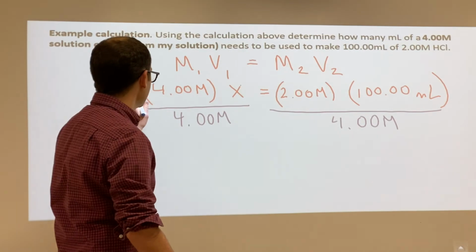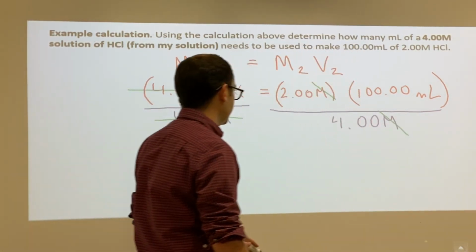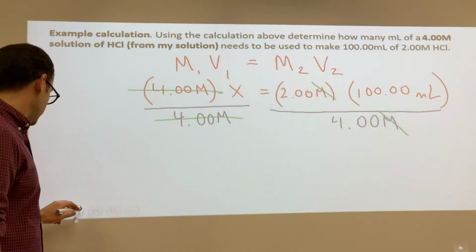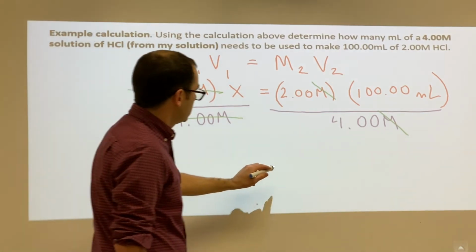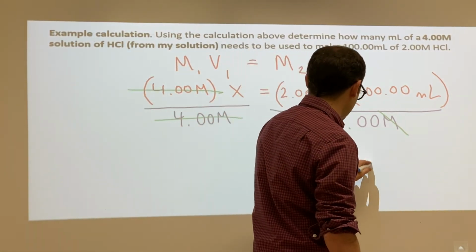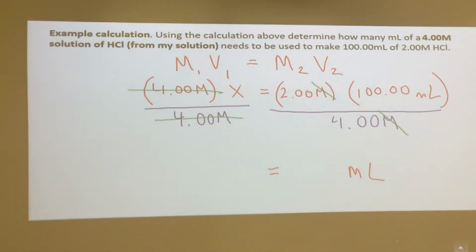Yeah, the 4's over here on the left, right? The molarities cancel out. What unit are we left with? Good, milliliters. We're looking for volume, so that makes sense, right? All right, and then we just multiply it together. We get 200 divided by 4, we get 50.